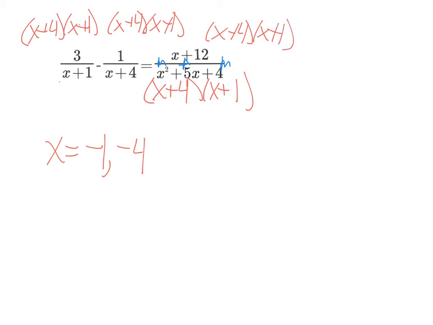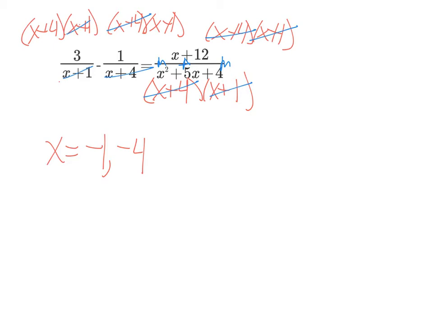Since I'm multiplying by this and dividing by this, they're both going to cancel out. For this one, the x plus 4 cancels out, and for this one, the x plus 1 cancels out.